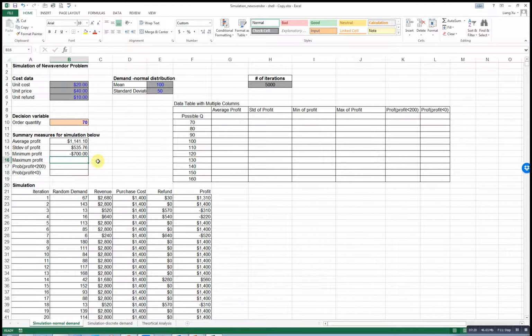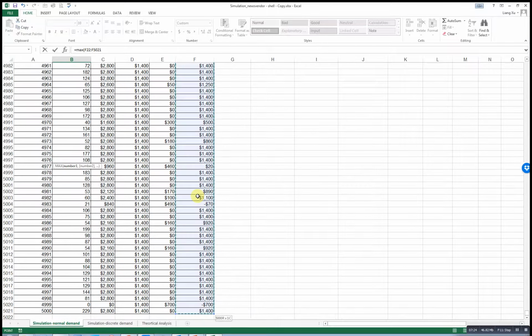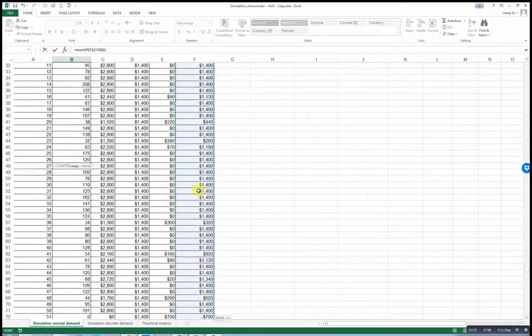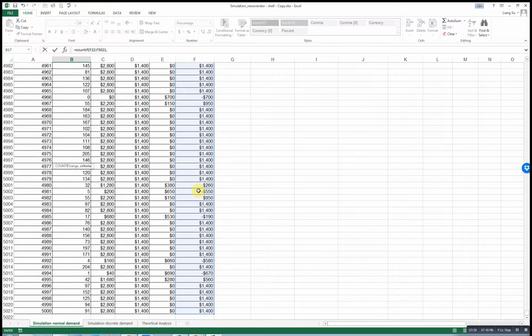the probability the profit is less than 200. We can use COUNTIF. So the first parameter is the range. The second parameter is the criteria. So the criteria is less than 200.